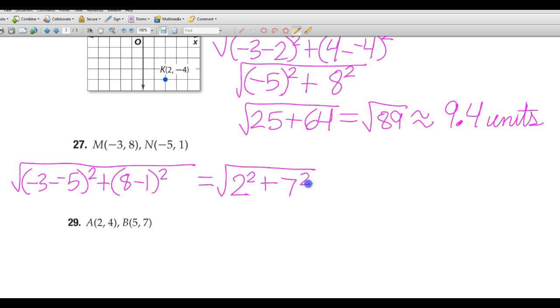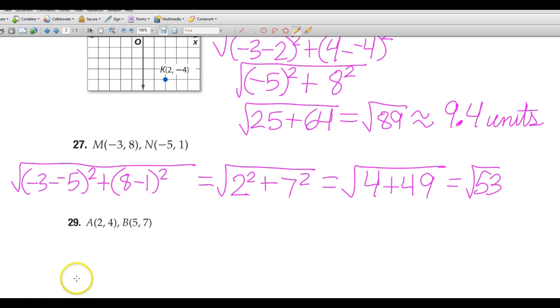And 7. And that is approximately 7.3 units.